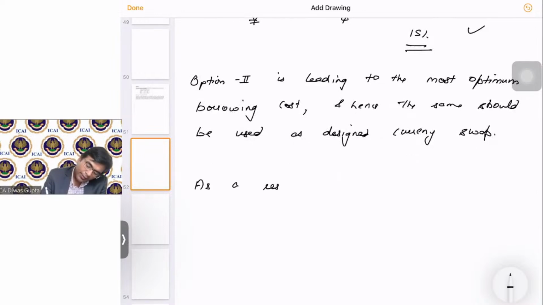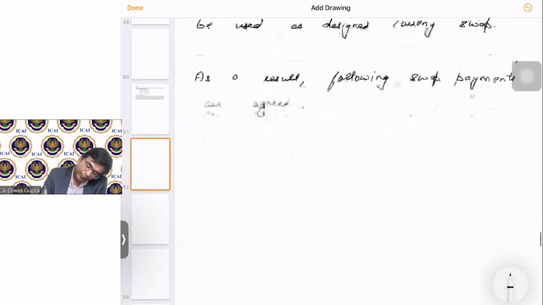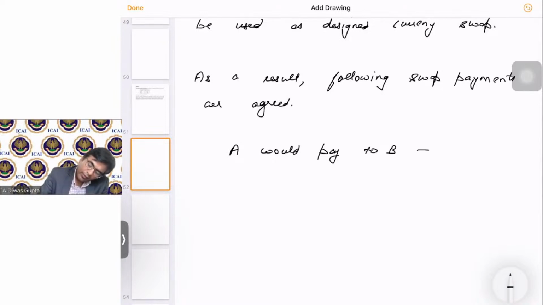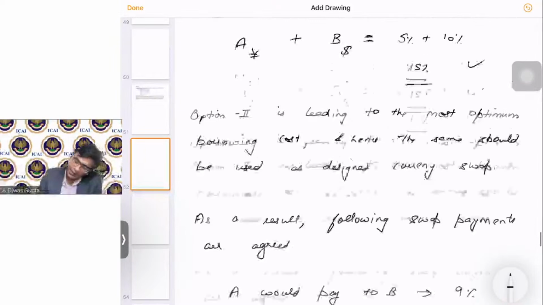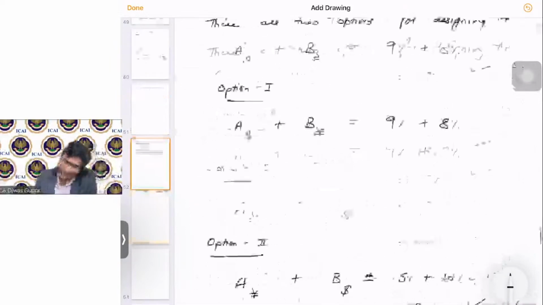As a result, the following swap payments are agreed. A would pay to B 9%, correct? This is fixed, right? 9% is fixed.